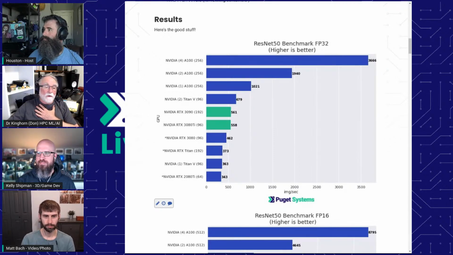There's an 80 gigabyte version of it, so that's a whole different ballgame, and that's what you find in GPU accelerated supercomputers. But man, GeForce cards, 3080 Ti, whatever, it would be a great card for a machine learning rig.